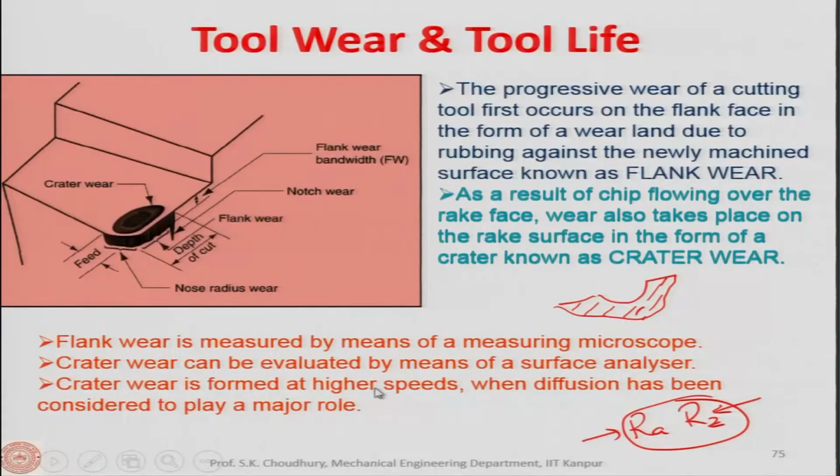Now, it can be evaluated by the surface analyzer. If you put a surface analyzer on the surface, the stylus itself tells you the crater depth. This depth here can be identified, this is the crater depth.